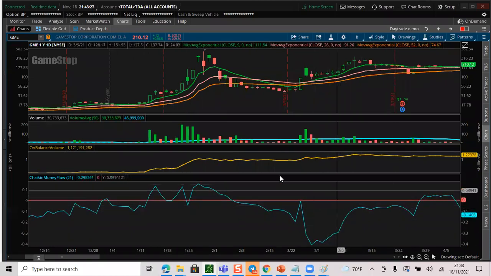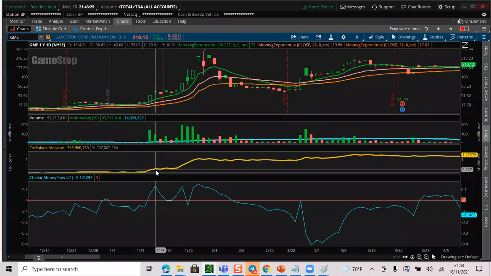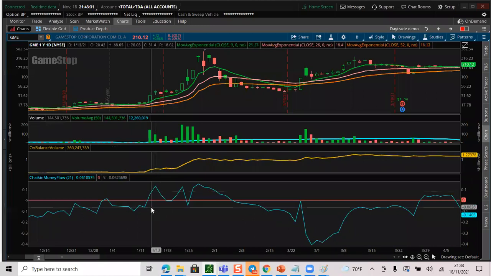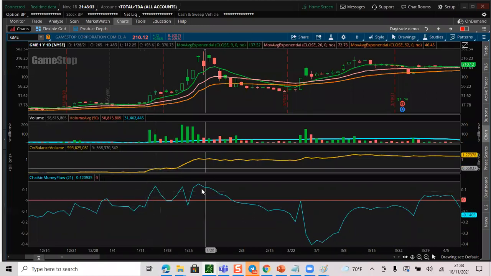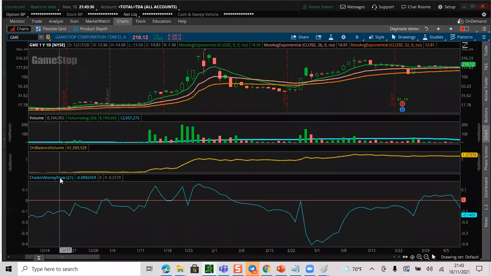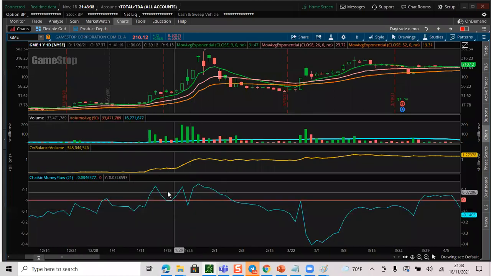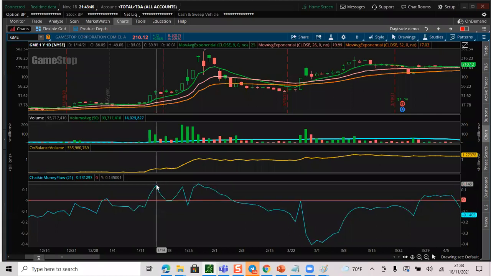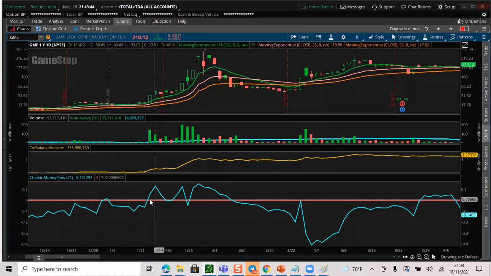So you can see that there is a huge difference between the on balance volume as well as the Chaikin money flow. Usually the Chaikin money flow, over the last 21 days, gives you an accurate picture of what is really happening. As long as it stays above this zero line, it is bullish.